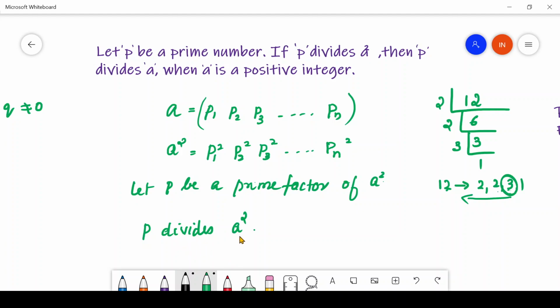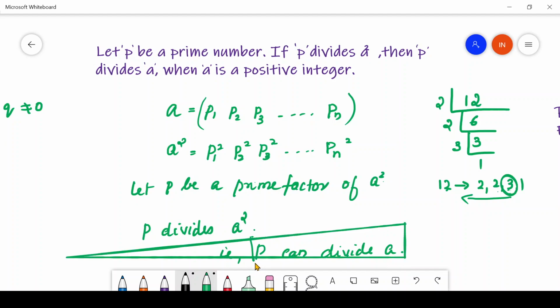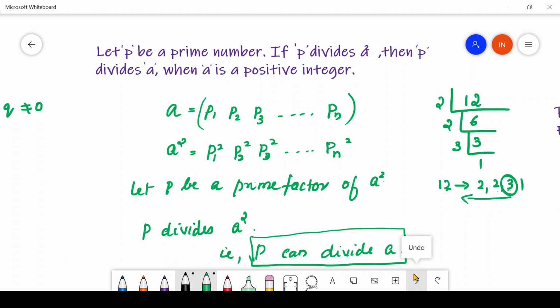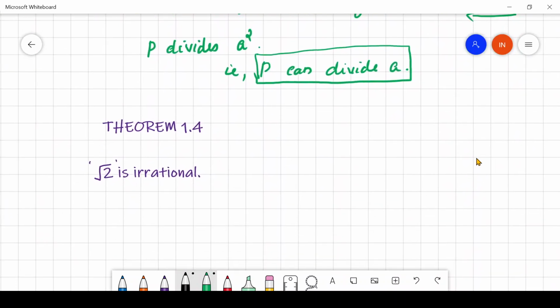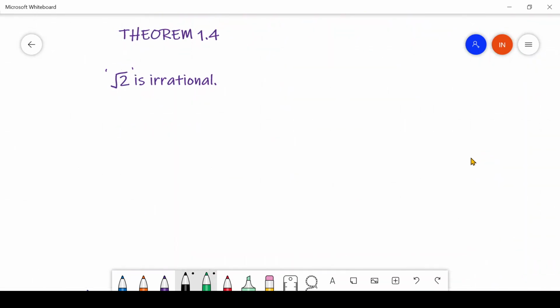P divides a square also. That means P can divide which number? P can divide a. So this is the conclusion of this theorem: where p divides a square, p can also divide a. Let us move on to the next theorem, theorem 1.4: root 2 is irrational.